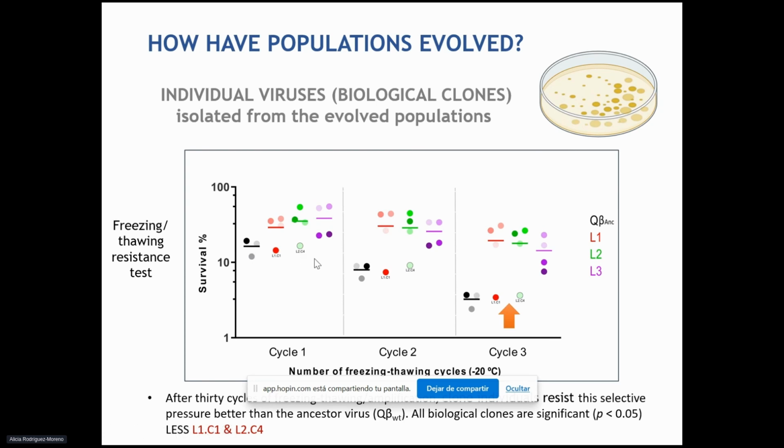As you may see here, in the same population, there are viruses that have not adapted. It's the case of clone 1 of line 1 and clone 4 in line 2. However, the majority of the clones in the population behave as the general population does.